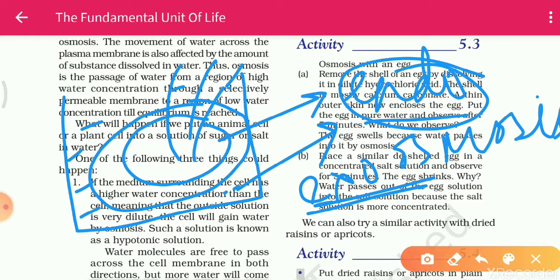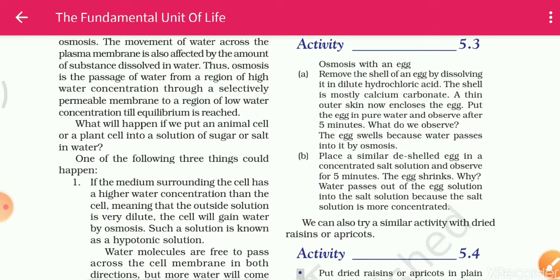Then you will see here that the osmosis process takes place in both, but the difference is that in the first one we have taken pure water only. That's why the egg swells, because water passes into it by osmosis.